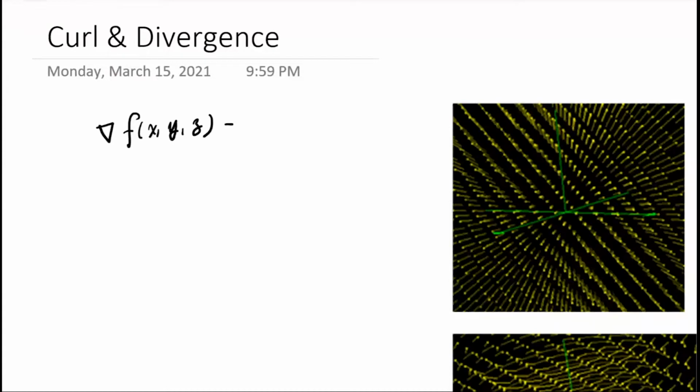If you take the gradient of a scalar function, it's just partial f with respect to x, attach the i vector, then partial f with respect to y, attach the j vector, and partial f with respect to z, attach the k vector. That's the gradient.